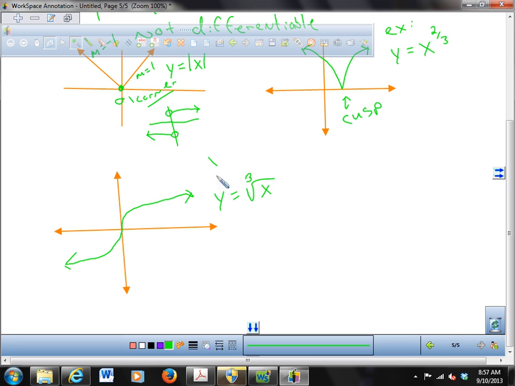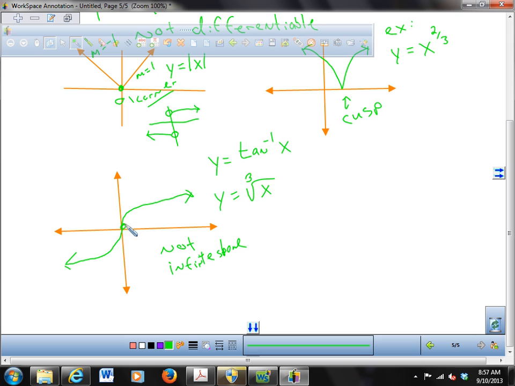Inverse tangent of x would be another example of something that has an infinite slope at a point. So, not differentiable, infinite slope.